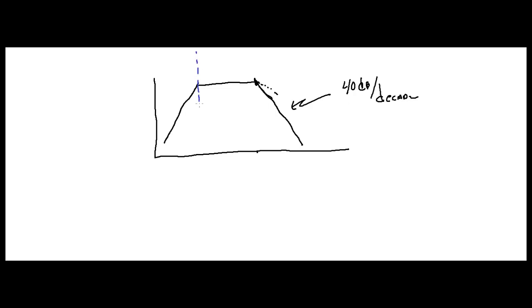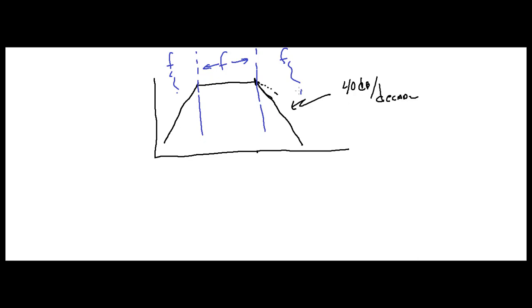You have basically no attenuation between these blue lines. This is a band. You can think of this as a band pass filter. If you have a frequency in here, you're fine. A frequency on either side here, if it's over here or if it's over here, it's going to be attenuated.